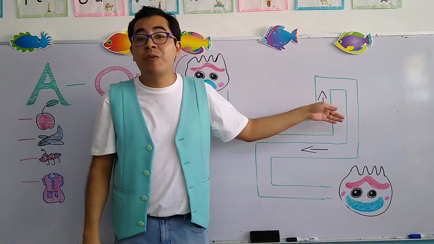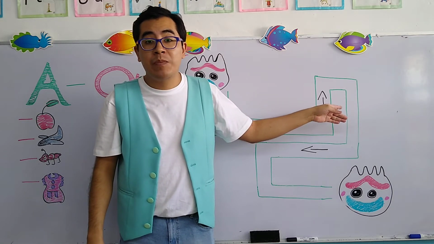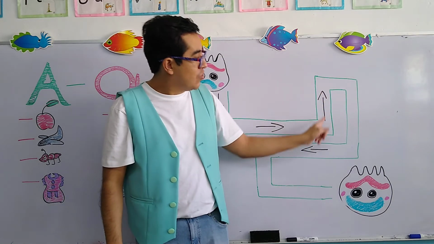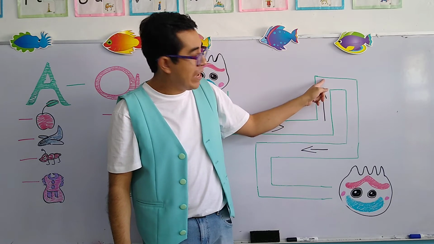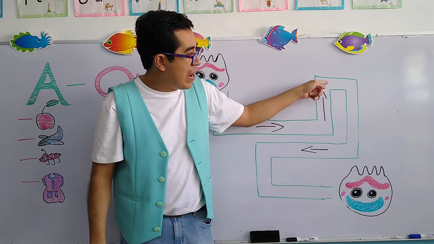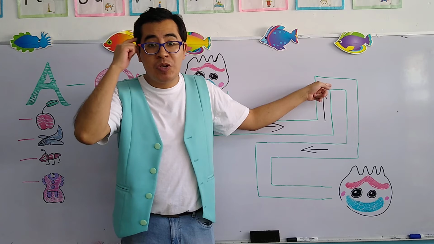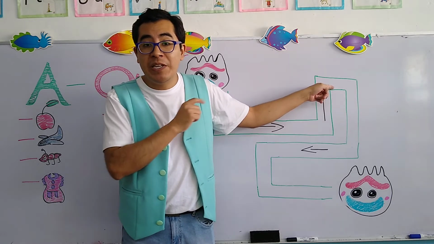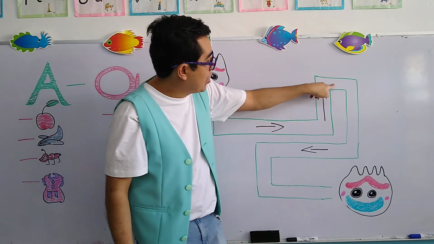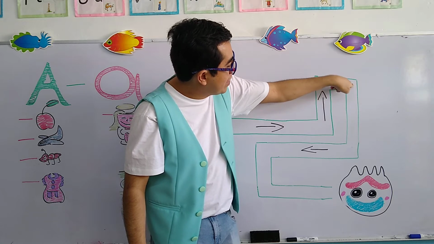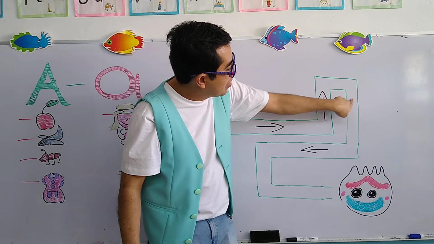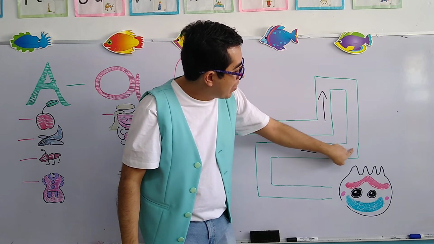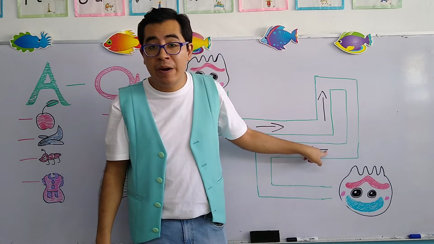The third arrow indicates us that we have to go up. So, we go up, then we don't have arrows, but we have to use our imagination to complete the maze. So let's continue to the right. Now let's continue under. Now here we have another arrow.